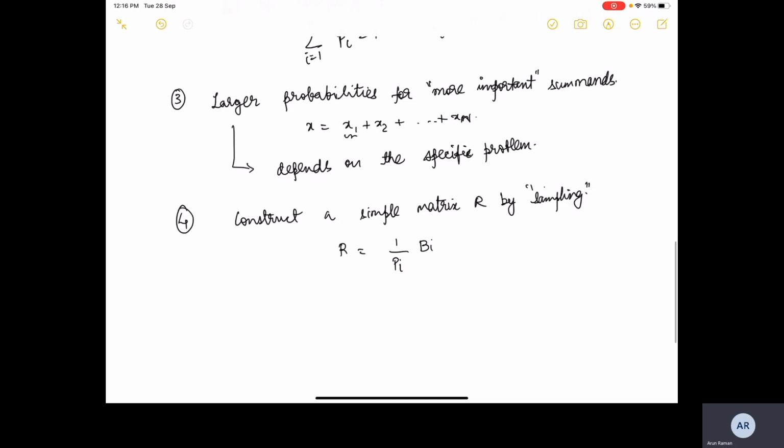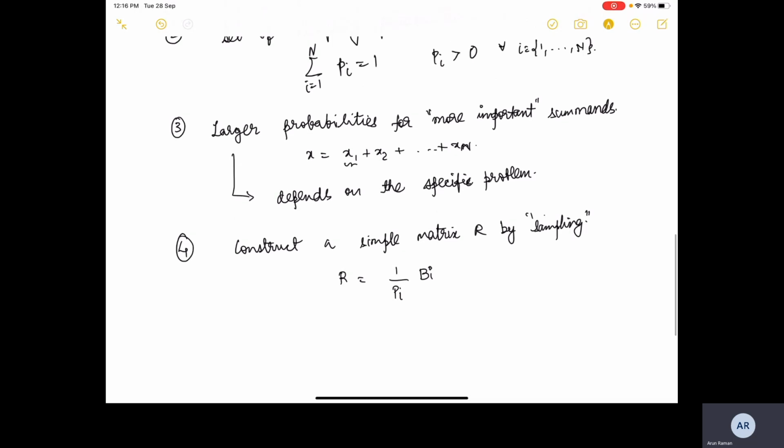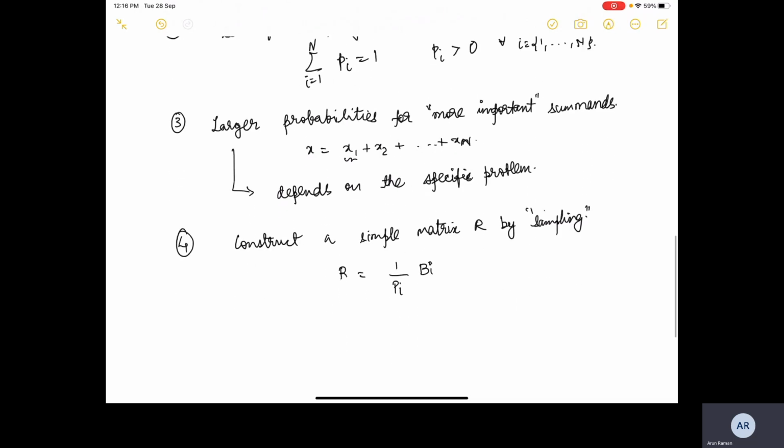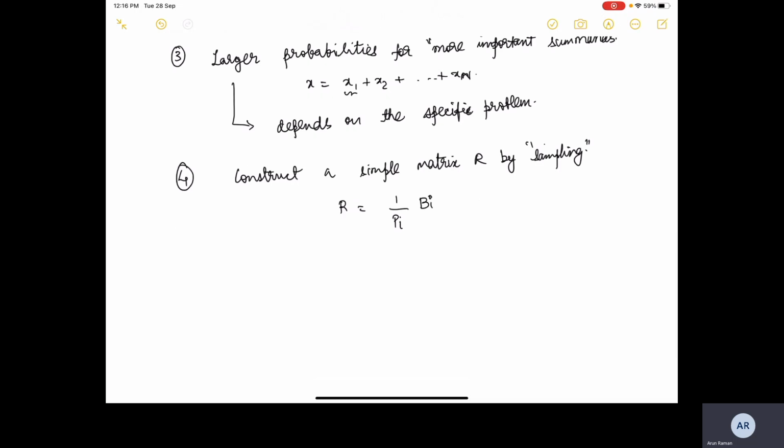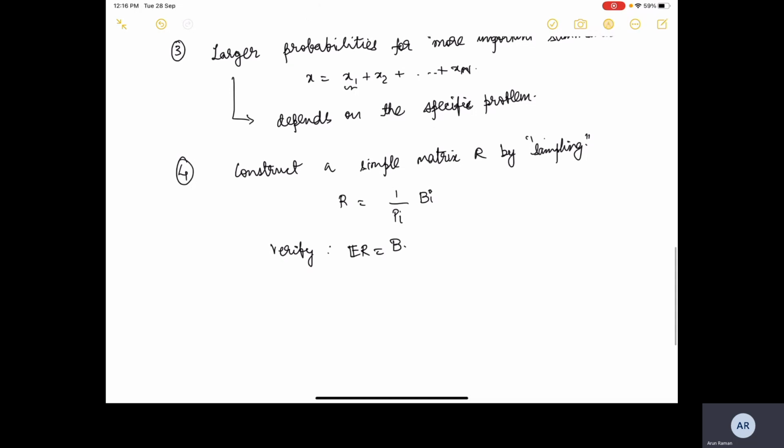So the probability of picking the component Bi was Pi. We pick Bi with probability Pi, and we construct a matrix R that is the ratio of Bi and small pi. It can be verified that with such a pick, the expected value of R is equal to B.